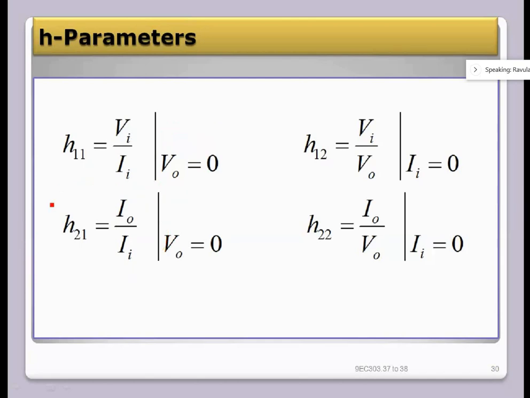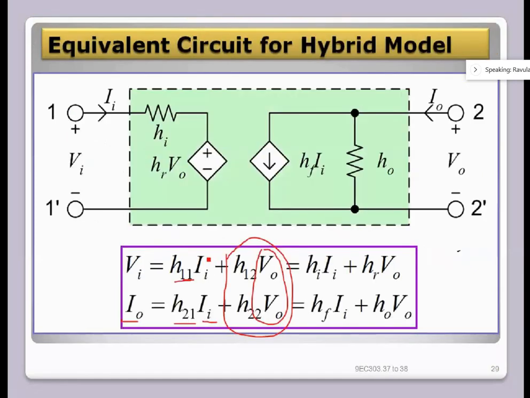So similarly, by substituting V0 equals 0, I can get H11 and H21. Similarly, by substituting Ii equals 0, now I can get the values of H12 and H22. See here, by substituting Ii equals 0, this entire term becomes 0.